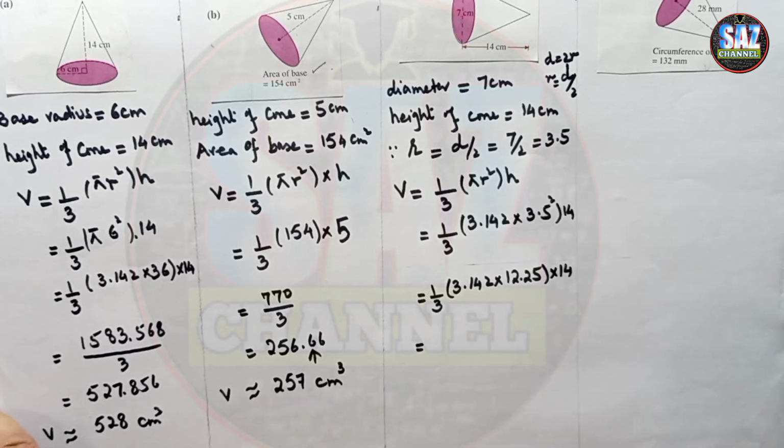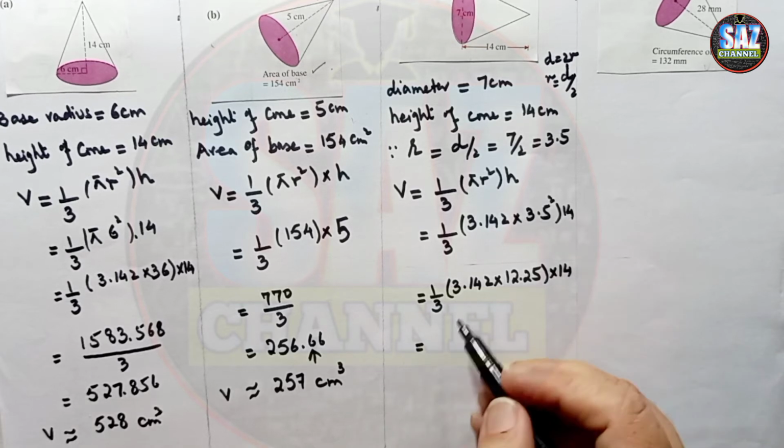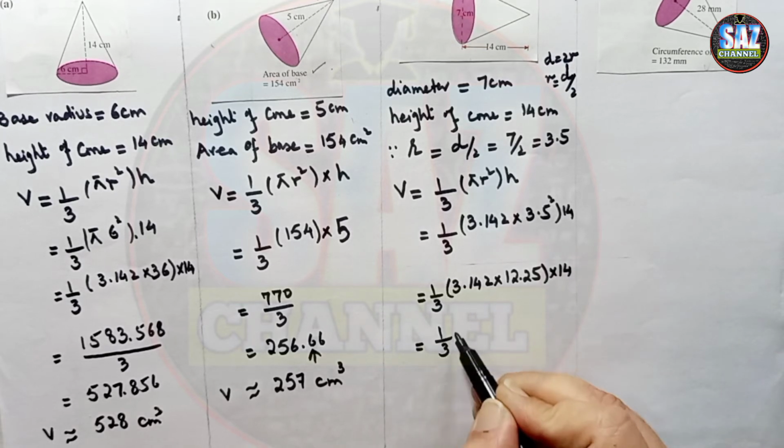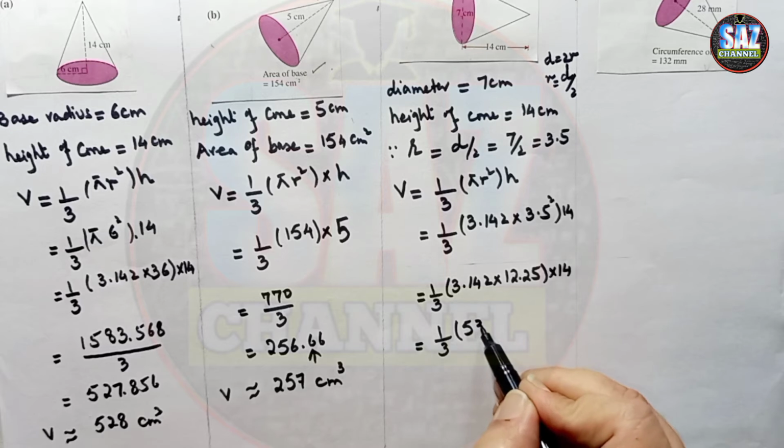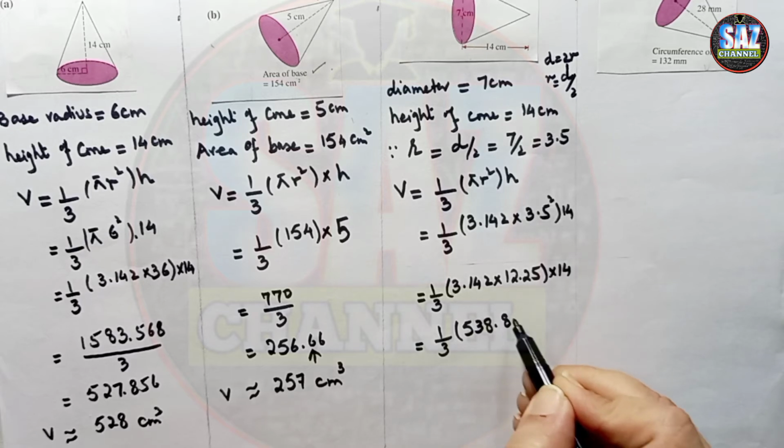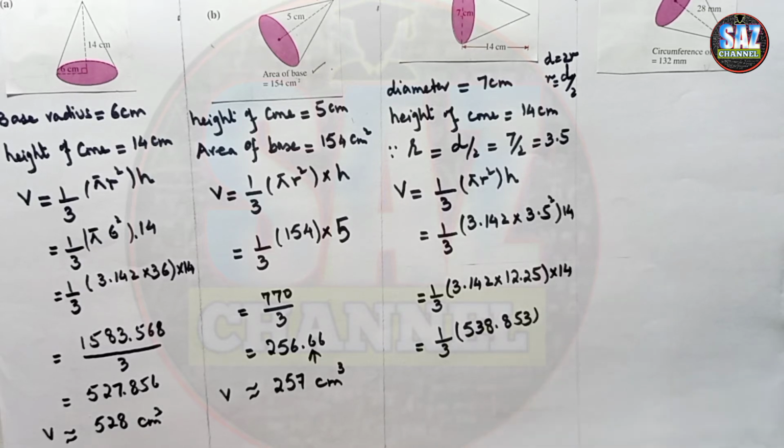Let me reconfirm the calculation. 3.142 multiplied by 12.25 and multiplied by 14 gives me 538.85, and this is divided by 3. Now divide this answer by 3, and my value of the volume will be 179.6.